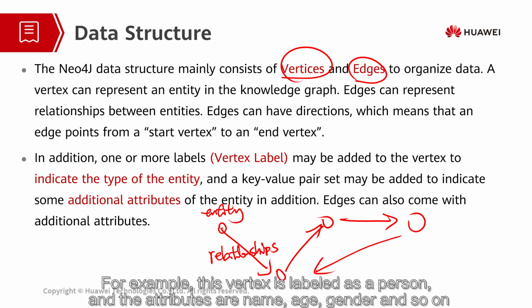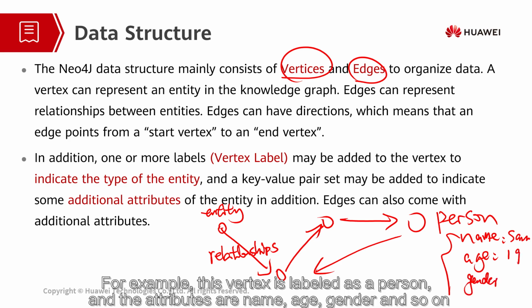For example, the vertex is labeled as a person, and the attributes are name, age, and maybe gender. And so on.